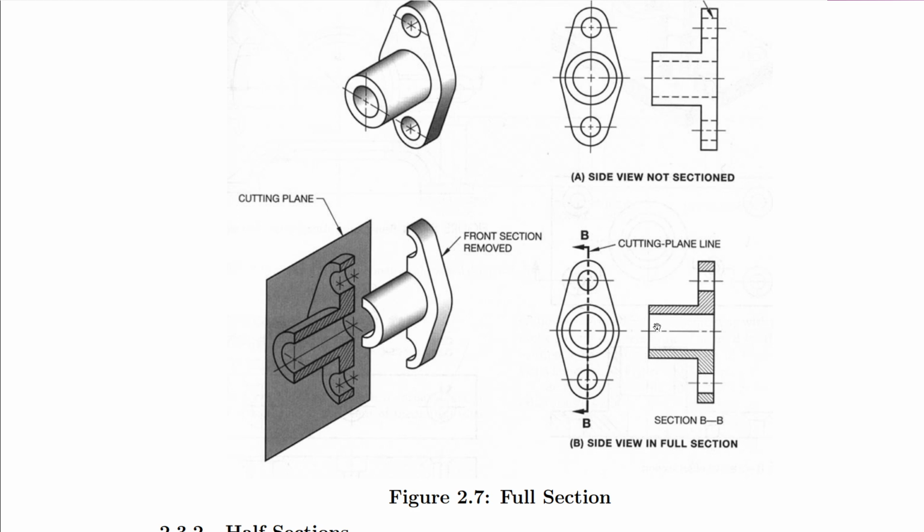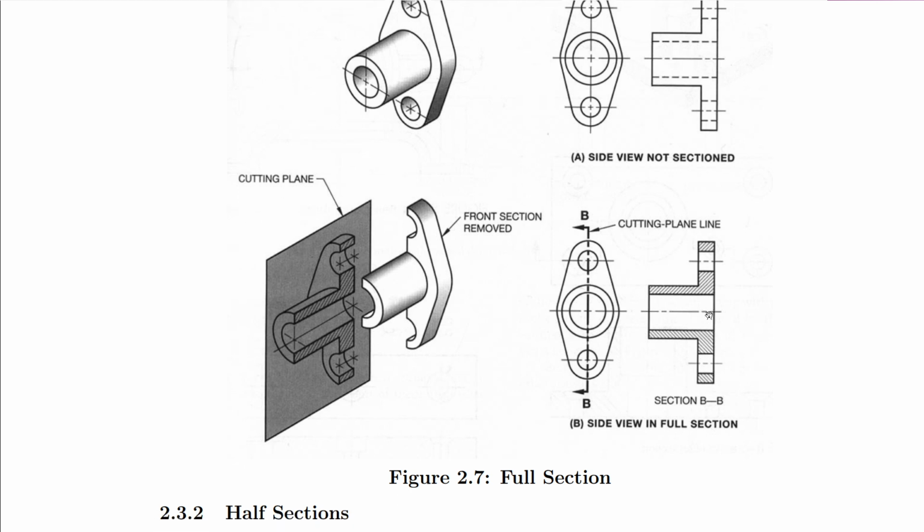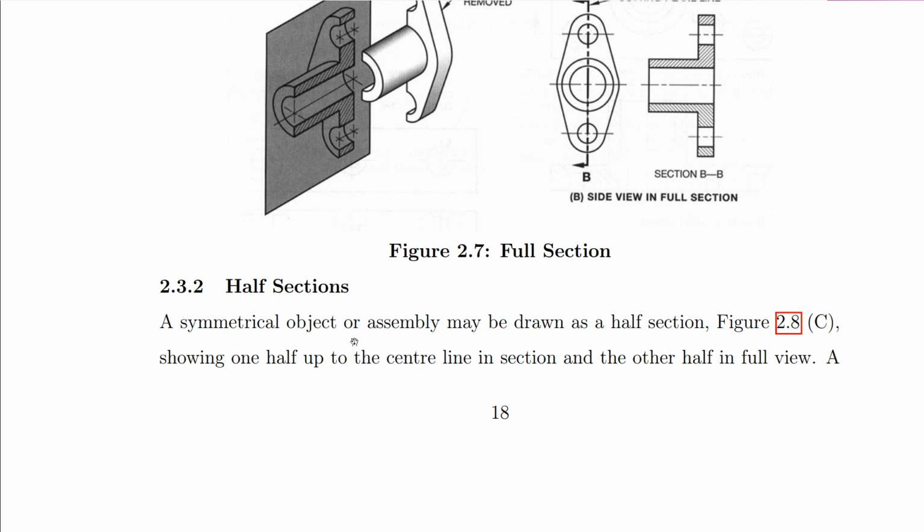This thick continuous line shows the outline of that hole which passes through that portion of this object. If you look at the holes at the ends too, we also have it there like that. This is what we call full section. The next one is half sections.